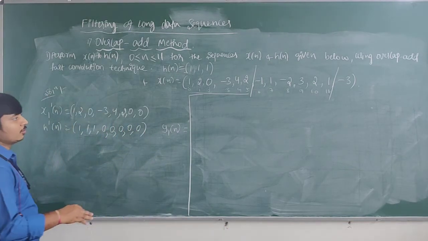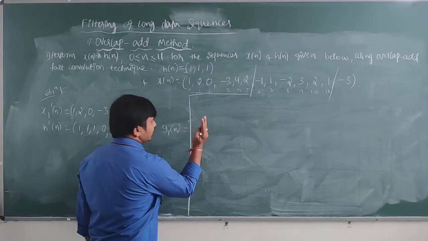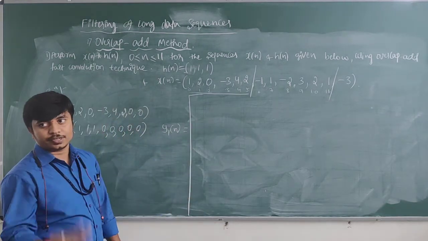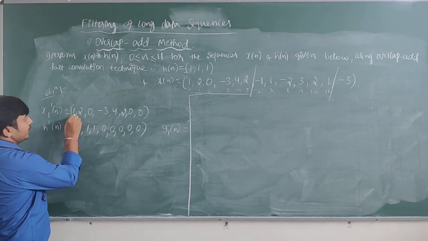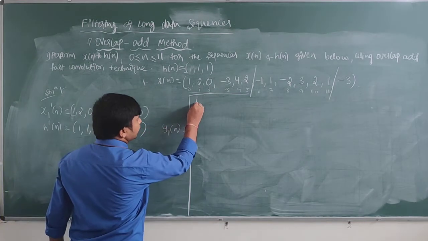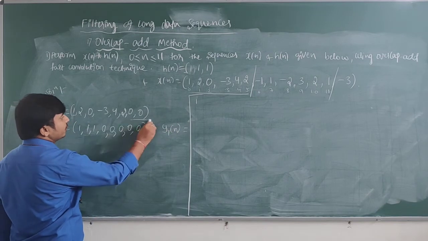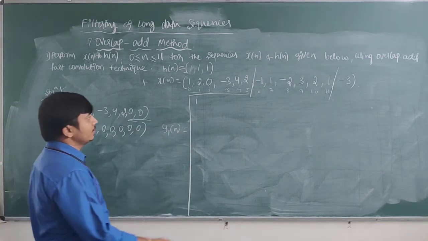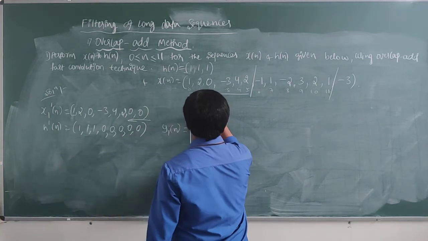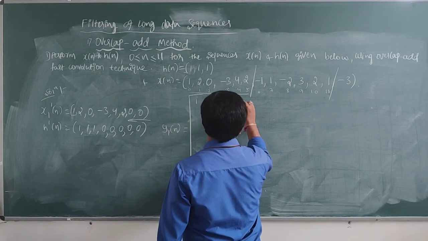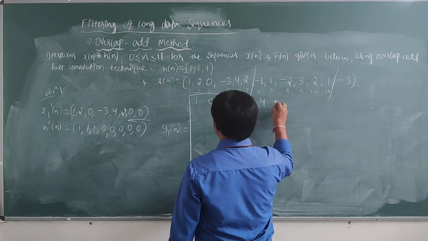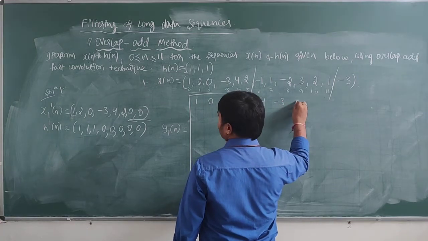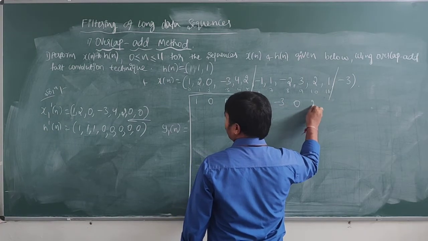So how to write the entries of this circular convolution? It is x of n and h of n. For x of n, the first element is 1, so write this 1, and the remaining entries will be from the right side. So therefore 1, 0, 0, 2, 4, minus 3, 0, 2.